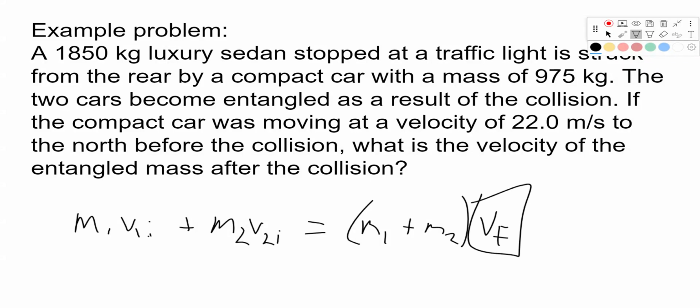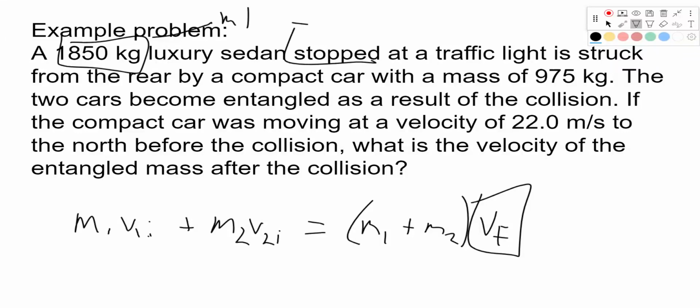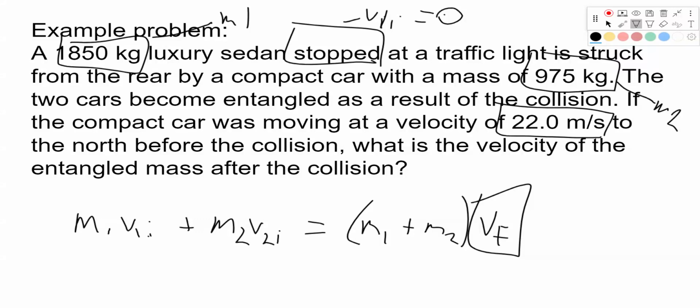Okay, so then we're just going to search the rest of this problem for the pieces that we are missing, which would be the mass of object 1. Let's call the luxury car object 1. That's mass of 1. And it says it's stopped, which means our velocity of 1 initial is equal to 0. And then here is our mass of 2 and our velocity initial of 2.